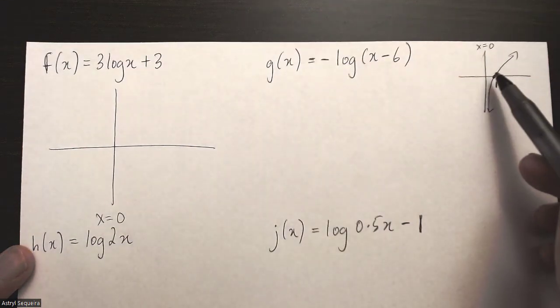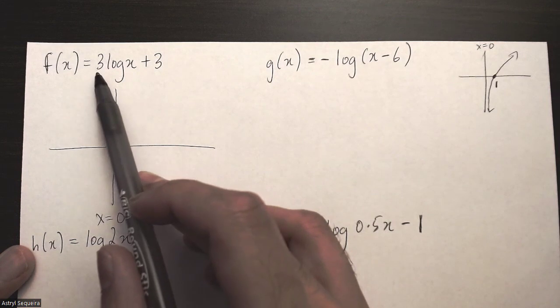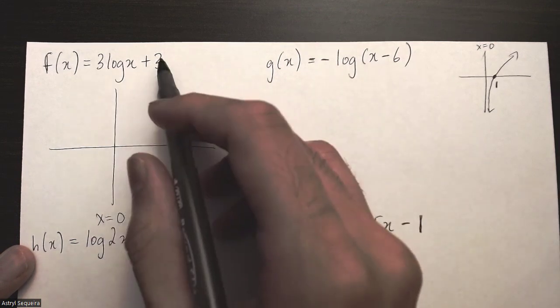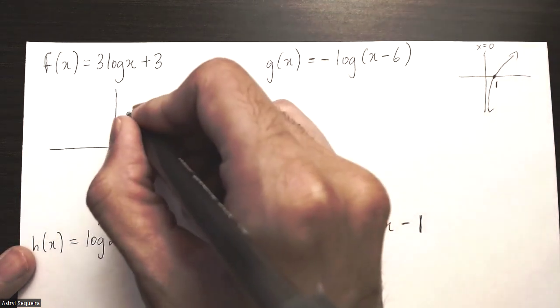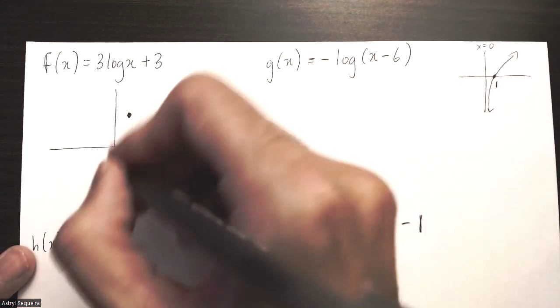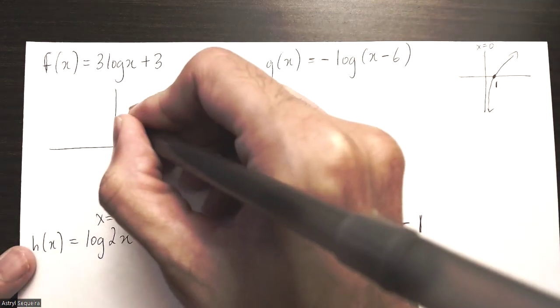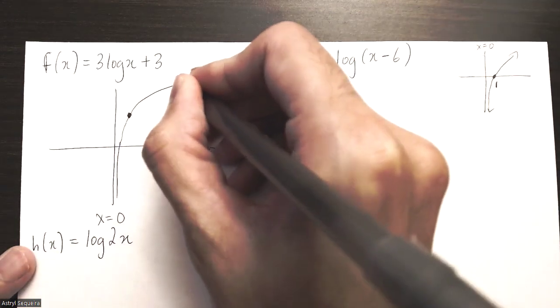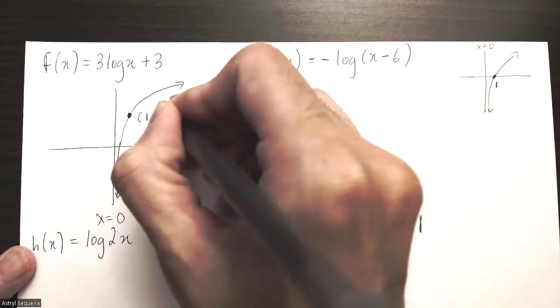And then let's look at the key point. The y value of this key point is 0. So if I multiply 3 times 0, I'll still have 0. And if I add 3, it's going to move up by 3 units. My sketch is just going to look like this, and the key point is at (1, 3).